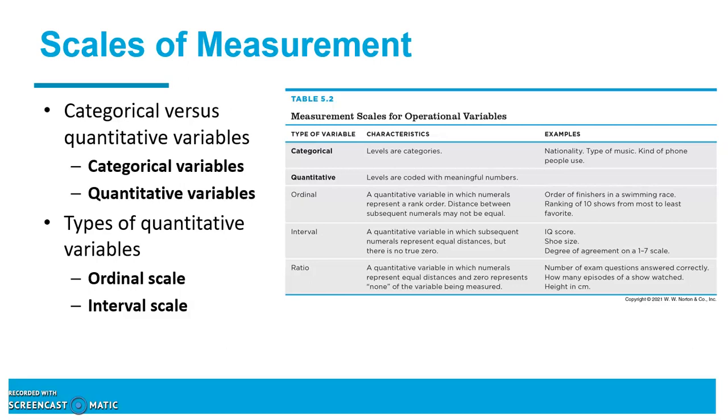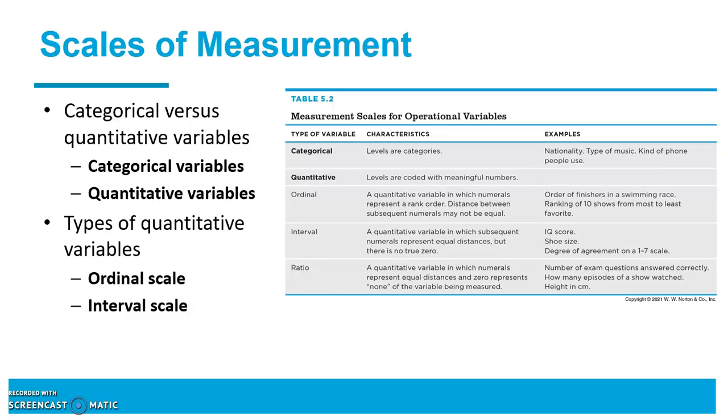Okay, so going to the racing example, you could measure a time, and that would be a ratio variable. Things like height. This is where distance does matter, and there's also a true zero.